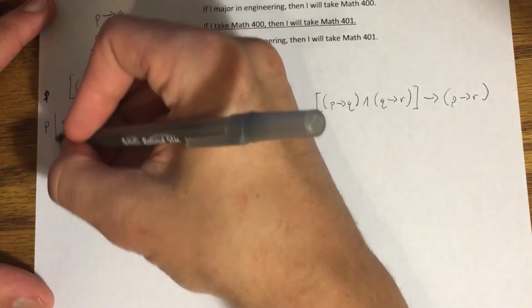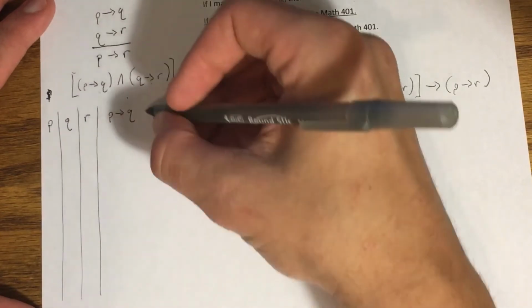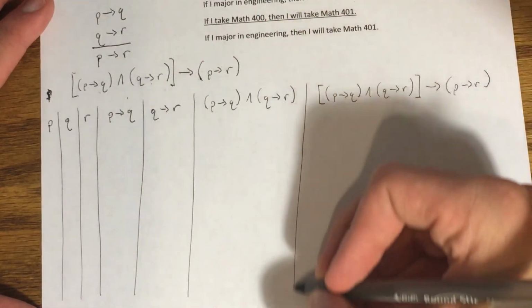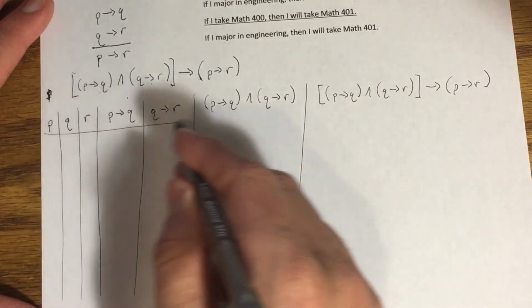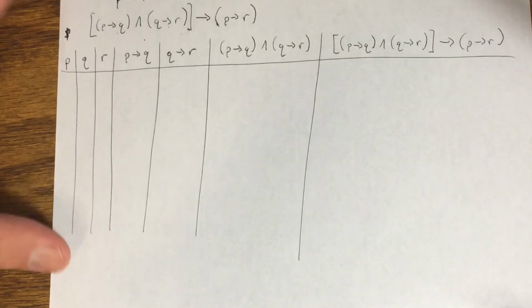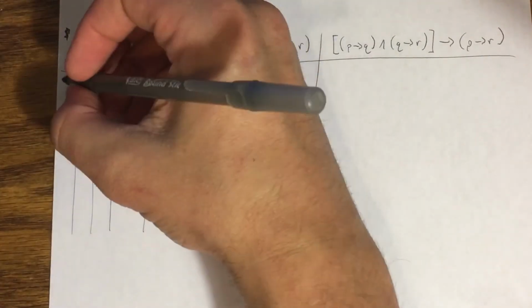Okay, so several columns. We know we're going to have 8 rows in total, so I had to make sure and leave myself enough space to put all this down. Looks like we did it though. All right. So remember, when you have 3 component statements, 8 rows is what we end up with.